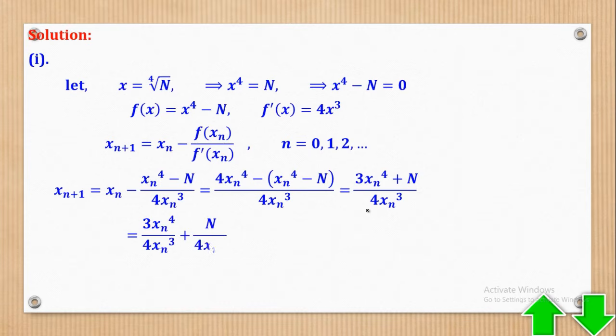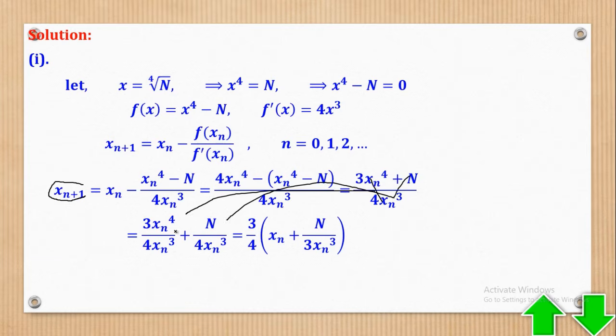But now next is to express this xn plus 1 in the required format. So what we are going to do, we are going to first split the numerator to come up with this over this, which is here, and this over this, which is here. Then you realize that I can pull out 3 over 4 because in the required format 3 over 4 was outside. So when I pull out 3 over 4, here 3 over 4 will go out, then this and this are remaining with 1xn, which is there. Then for this term, there is no 3 here, so it means that it has to go down here.